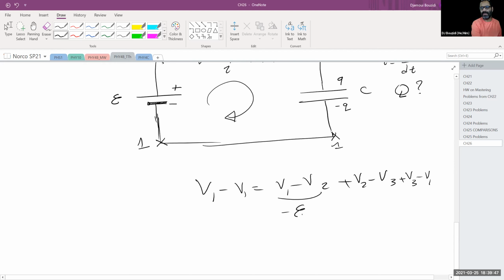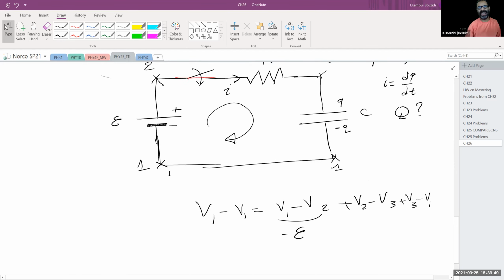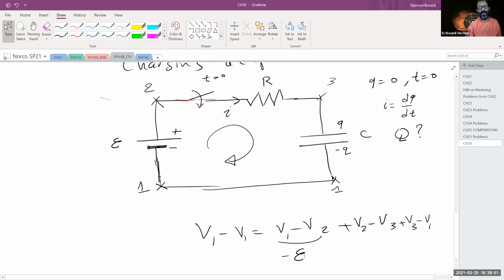This one is minus epsilon because this is actually a rise from V1 is less than V2 because V2 is a higher potential in here because it's on the positive side of the battery. So again, this is minus epsilon 2. Okay, because V2 minus V1 is epsilon, so V1 minus V2 is actually minus epsilon.